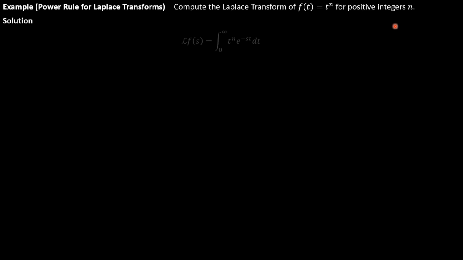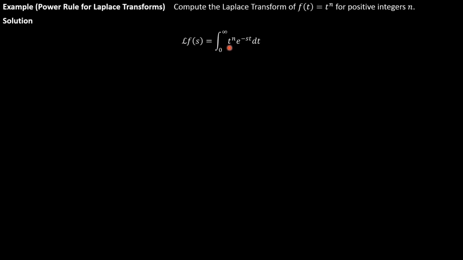Now, this is going to be the last rule in this presentation, the power rule. Let's compute the Laplace transform of t to the n for a positive integer n. Well, if you want to compute the Laplace transform, we use the definition.